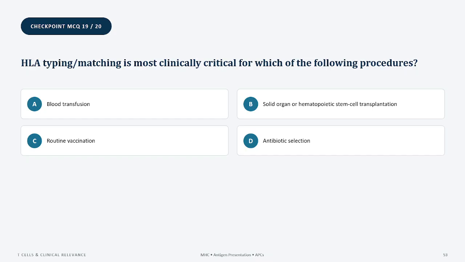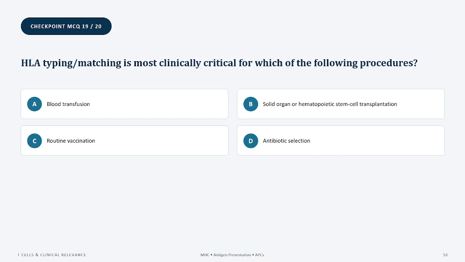It matches the tissue antigens between the donors and the recipients. So close HLA matching prevents the recipient's immune system from recognizing the transplant as foreign and destroying it. It is critical for solid organs like kidneys, hematopoietic stem cells, like the bone marrow transplant, to ensure long-term graft survival.